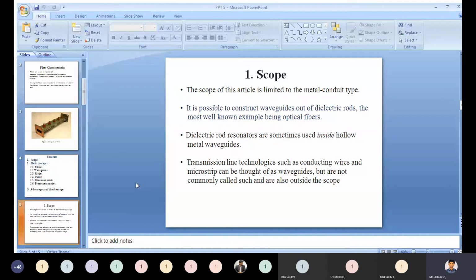But other waveguide technologies are possible. It means that the scope of this article is limited to the metal conduit type. The post-wall waveguide structure is something of a variant, but is related enough to include in this article.